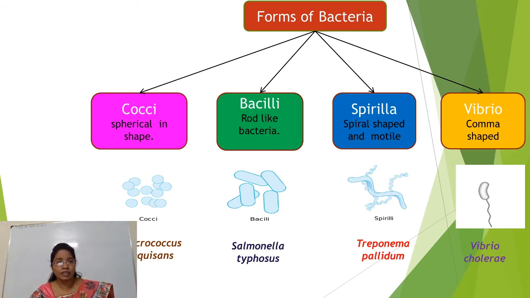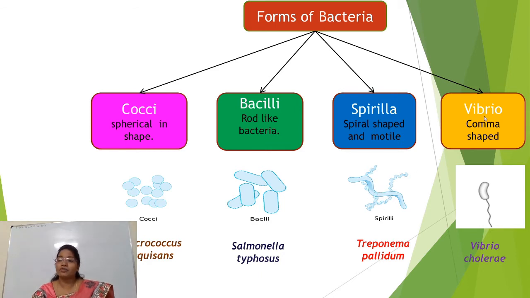If there is a single spiral-shaped bacterium, it is called a spirillum, and when there are many spiral-shaped bacteria, they are called spirilla. The majority of spirilla are motile in nature, for which they have flagella for locomotion. A well-known example of spirillum is Treponema pallidum, which causes sexually transmitted disease. So this is the figure of spirillum.